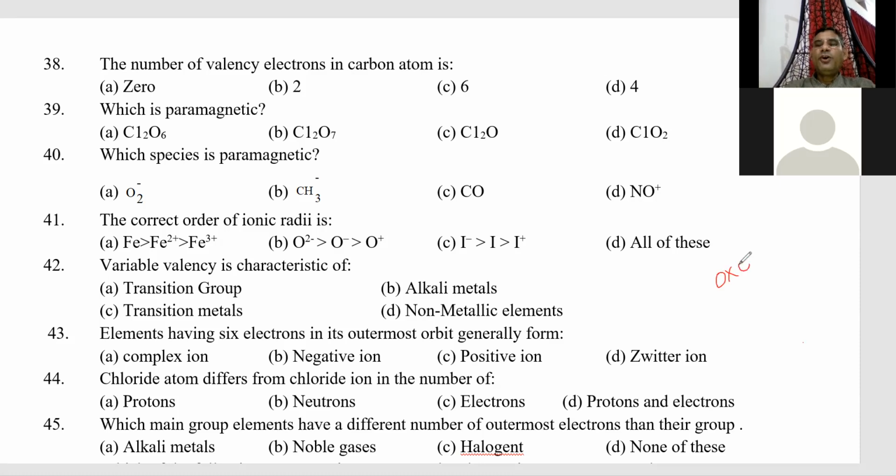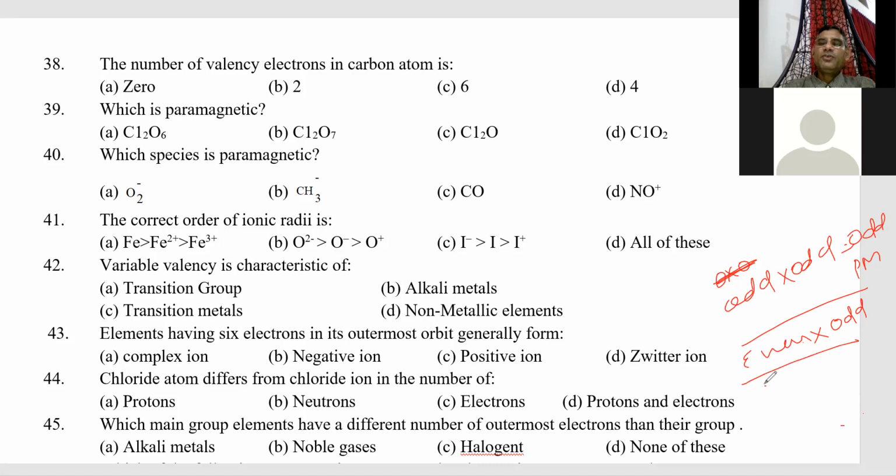Odd into odd will always be odd, and that will be paramagnetic. And even into odd will be even, and even into even will also be even. Then you have to see whether 2 or 3 or 4 are there. So what it is summing, odd or even, accordingly we'll do.